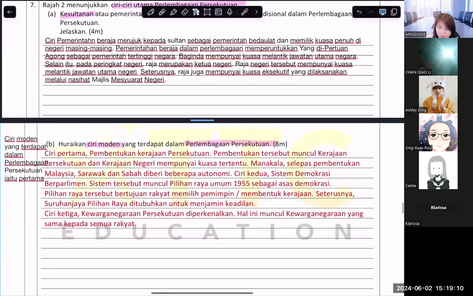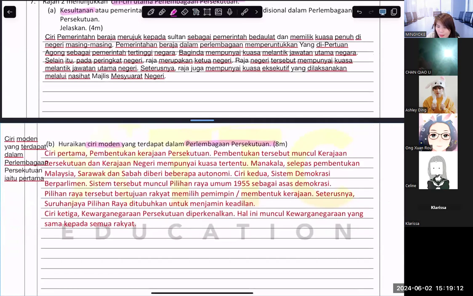So you can see that first, ciri pertama is pembentukan kerajaan persekutuan. Fakta 1. Ciri kedua is sistem demokrasi berparlimen. Fakta 2. Ciri ketiga is kewarganegaraan persekutuan. Fakta 3. Already 3 marks, guys. Fakta 1, Fakta 2, Fakta 3.